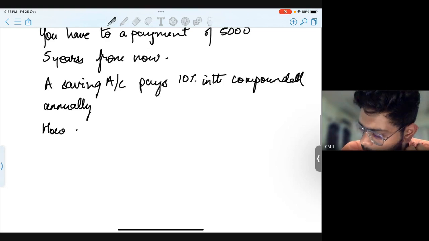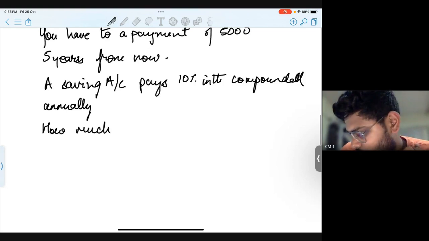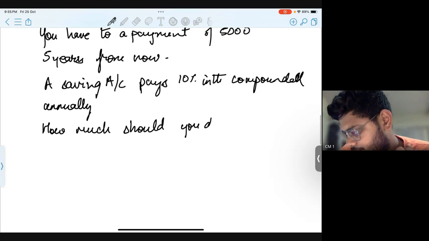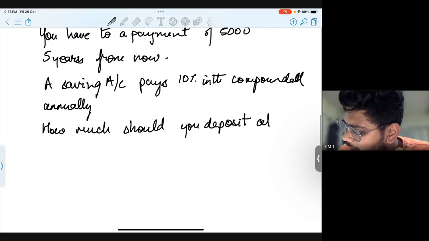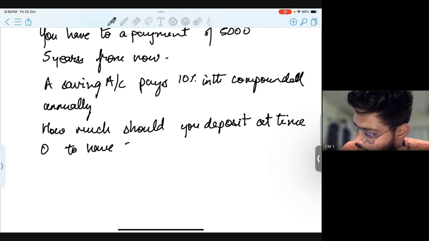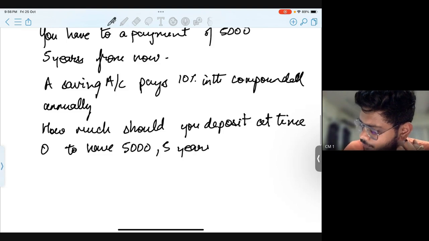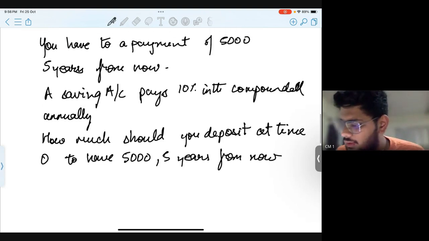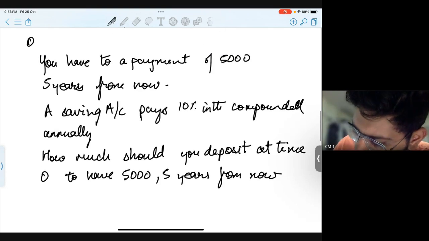How much should you deposit at time zero, which is right now, to have 5,000 5 years from now? This is a fairly easy question, so I want you to solve this.